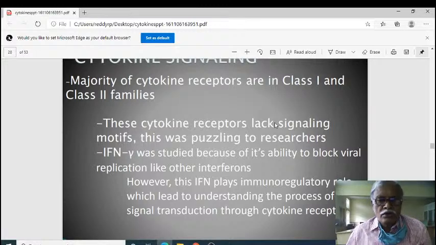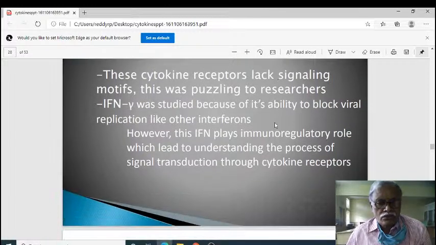The majority of the cytokine receptors are in class 1 and class 2. These cytokine receptors lack signaling motifs, and this was puzzling to researchers.